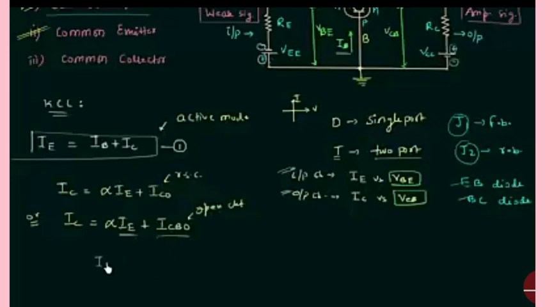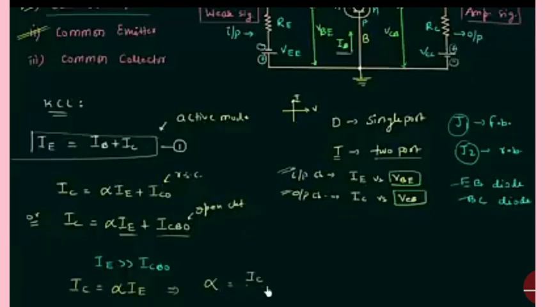When we compare IE and ICBO, the emitter current is much greater than the reverse saturation current, because reverse saturation current is due to minority charge carriers and they are very small in number. So we can neglect ICBO, and the collector current is simply equal to alpha times IE.